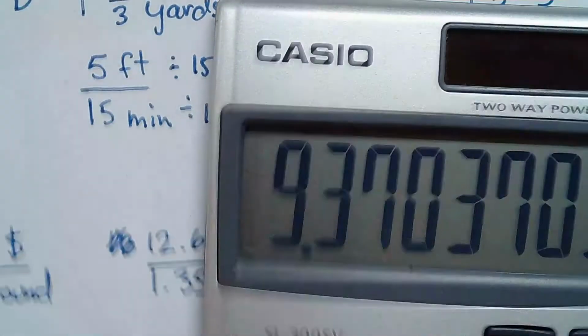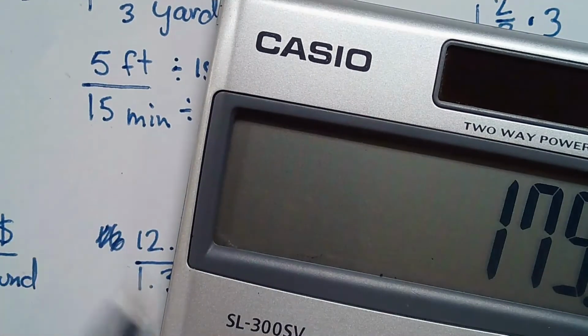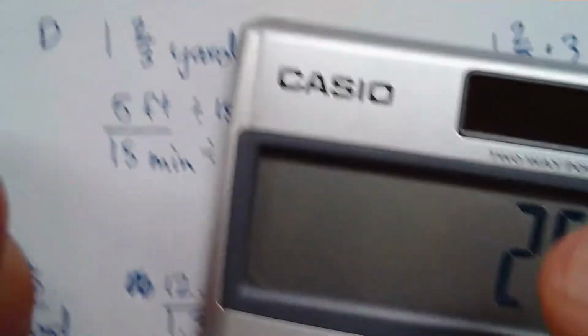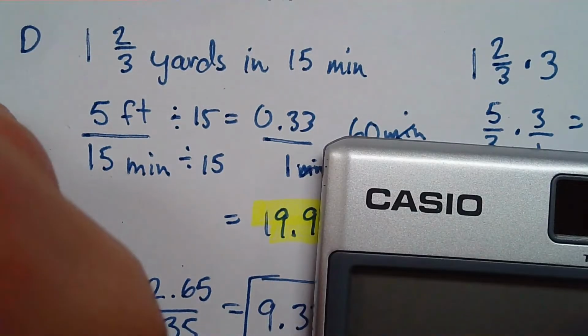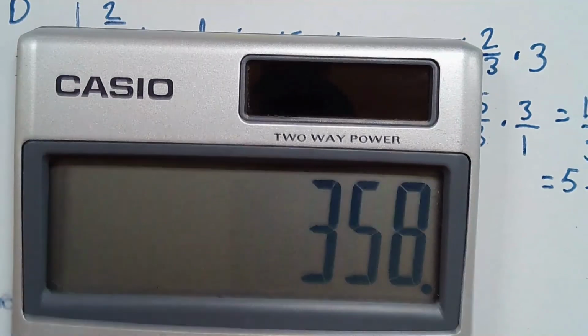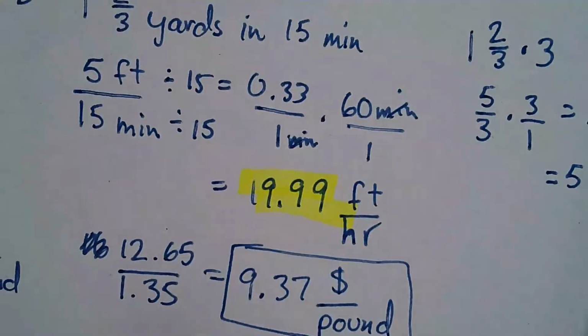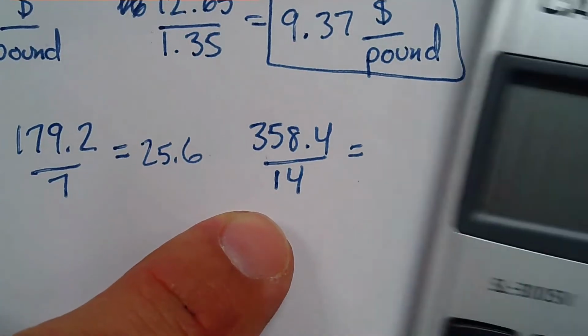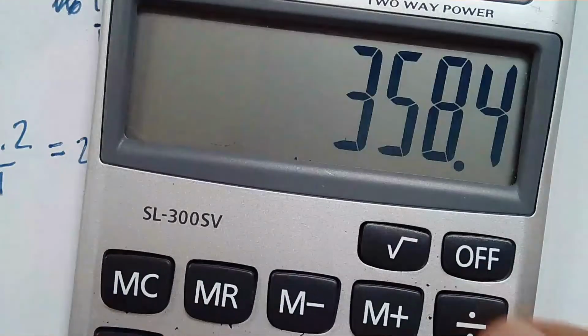So let's go. 179.2 divided by 7 is 25.6. 358.4 divided by 14 is 25.6 again.